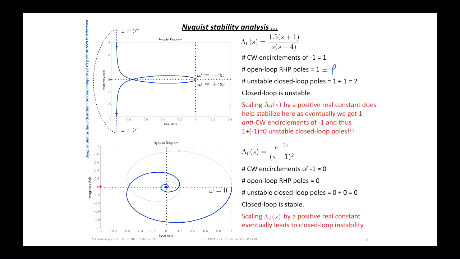Because we have one open loop pole in the right half plane. We don't count that one there. The fact that there's a 0 is just not relevant, right? It might play a role in determining the direction of increasing frequency when trying to figure out which way we're going around this plot.